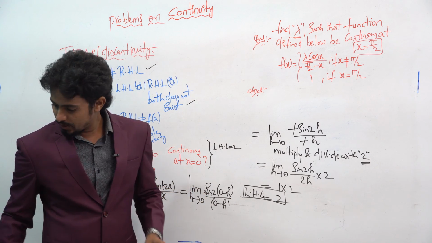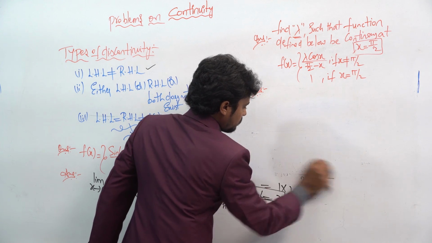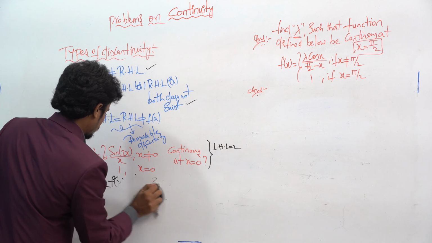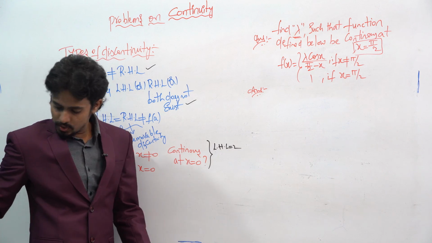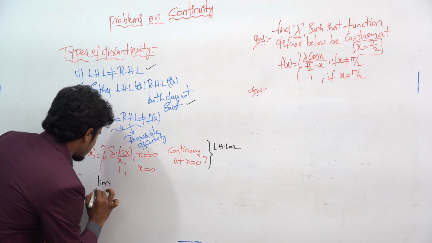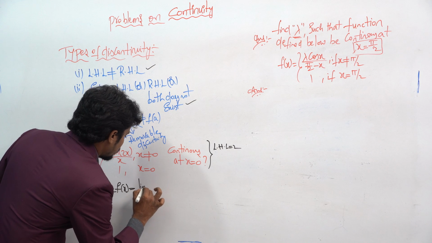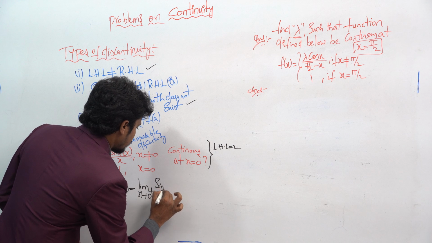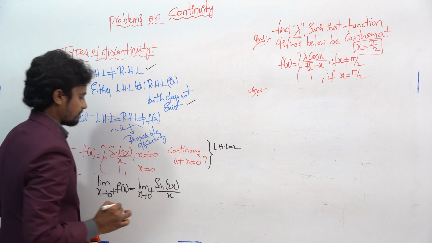Now we solve the right hand limit: limit x tends to 0 plus of f of x, which is limit x tends to 0 plus of sin 2x divided by x.